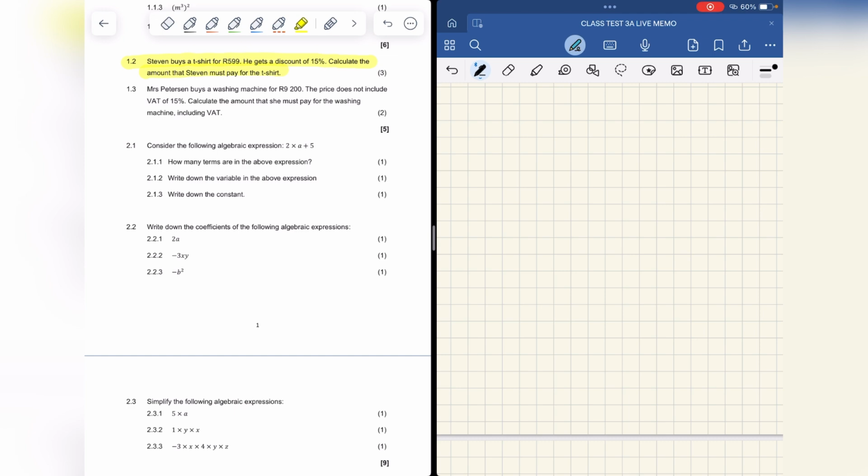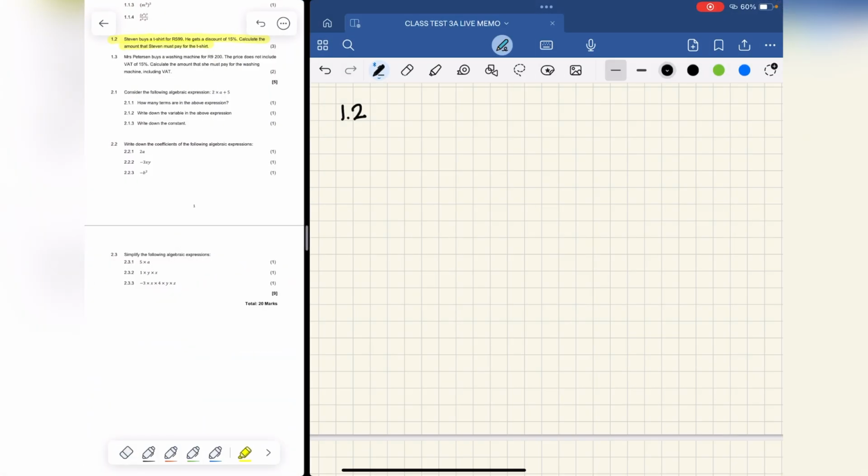So this is a straightforward discount problem. And if Steven is buying the t-shirt for 599 Rand but he gets a discount of 15%, I can simply say, well, what is 15% of 599 Rand? And I can calculate that by multiplying 599 by 15%.